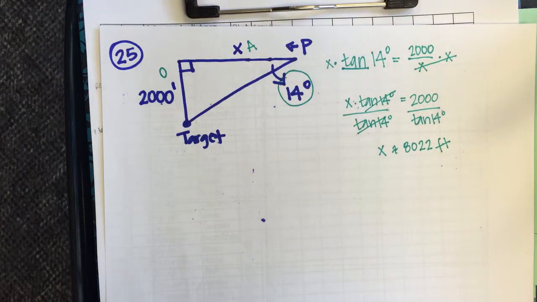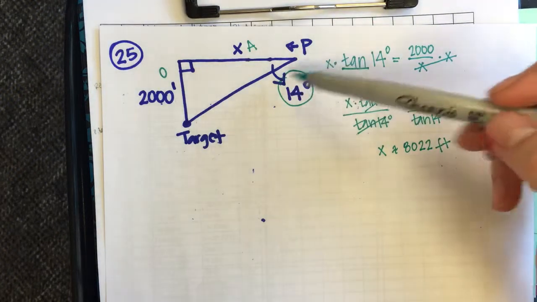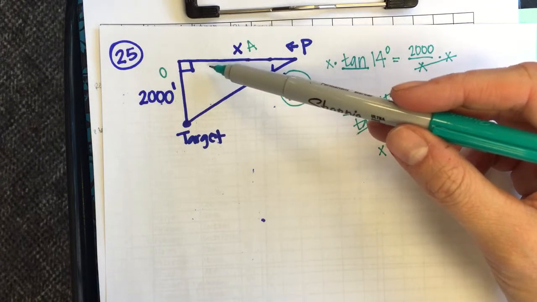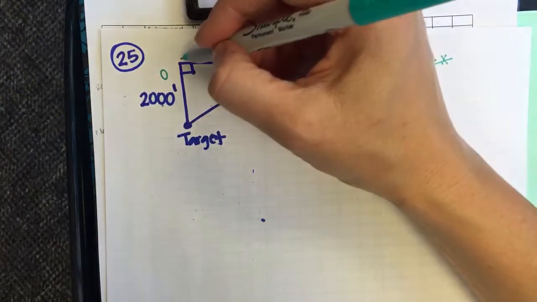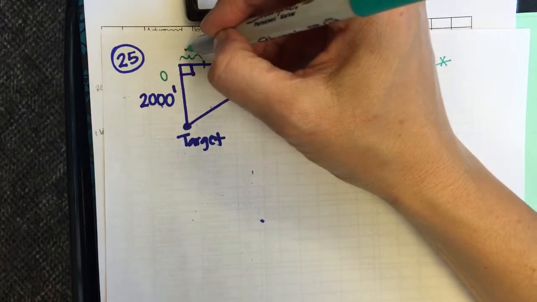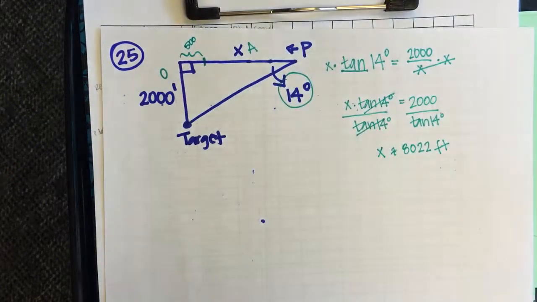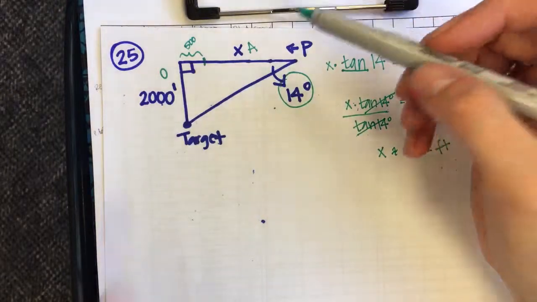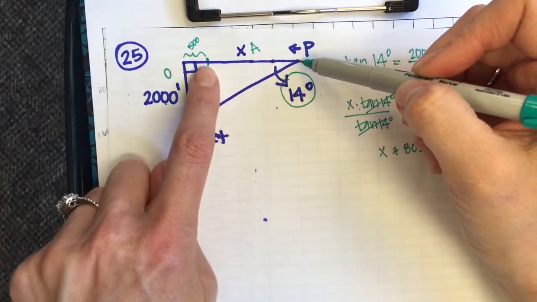Part B says, I think, that it's supposed to drop these supplies when it is 500 feet away. So right here, it's going to drop the supplies. This is 500 feet. And they want to know how long the pilot should wait. So what we really need to find is how long it is going to take the plane to go that far.